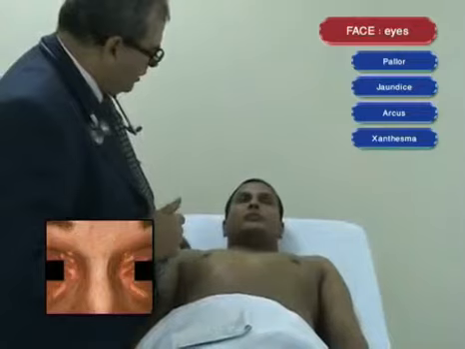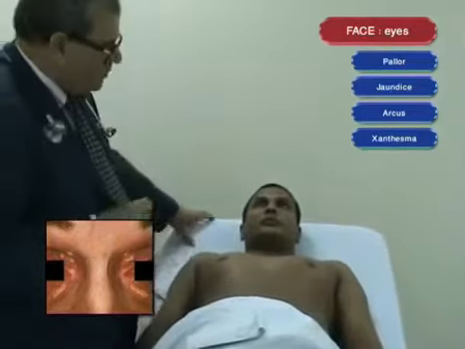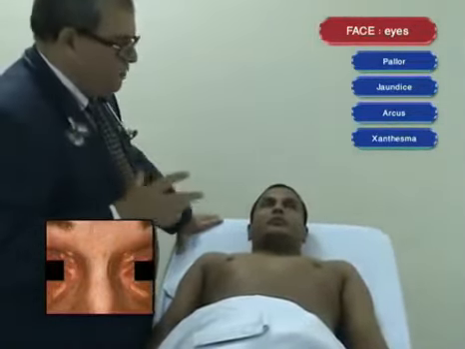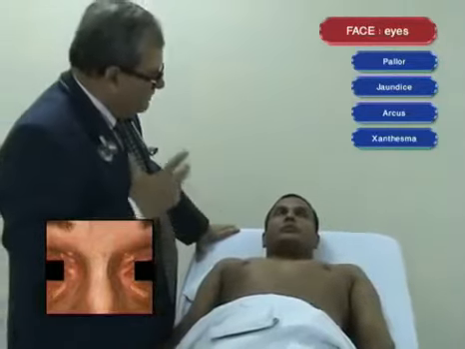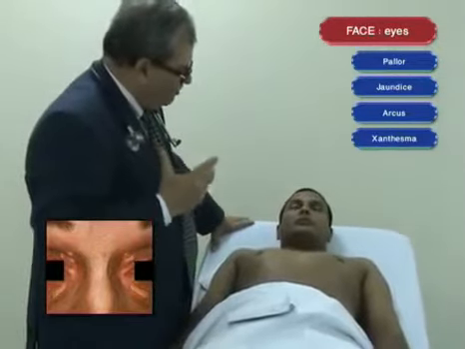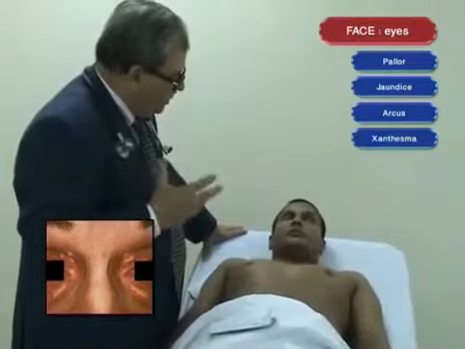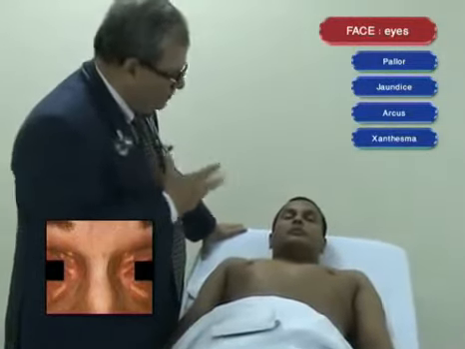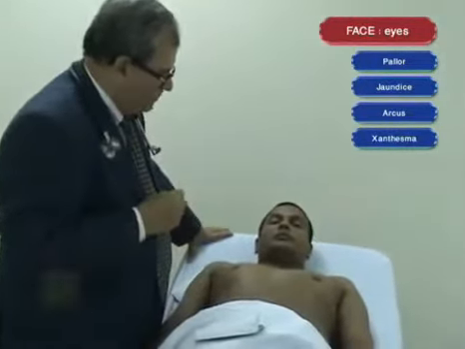Both of them with the arcus will be signs of hyperlipidemia, high LDL cholesterol, high total cholesterol, hypertriglyceridemia, or a combination of these.